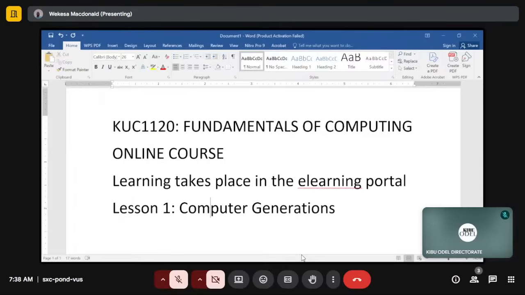Let me see my volume. Some of you are complaining about the volume. Let me just try. Hopefully, I'll not come up with an echo.